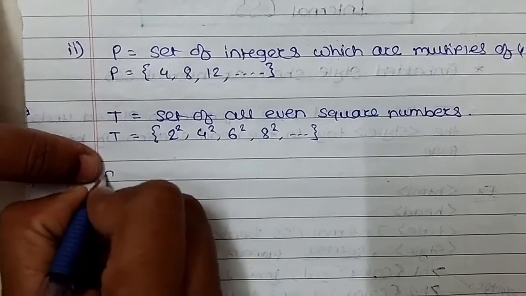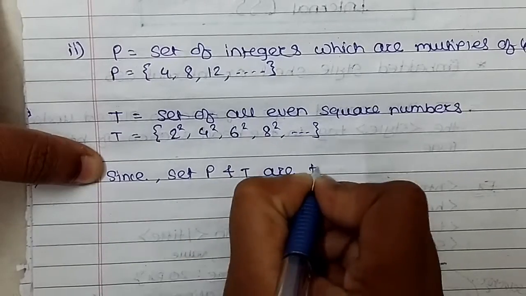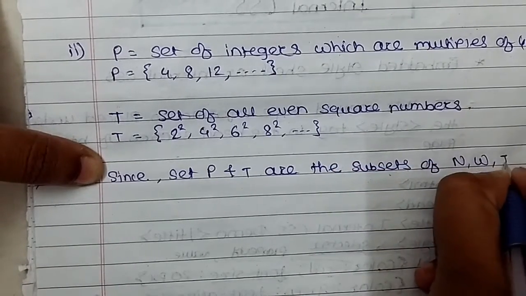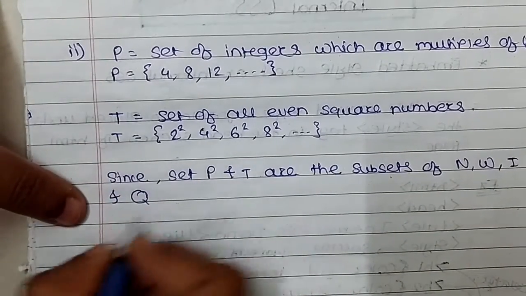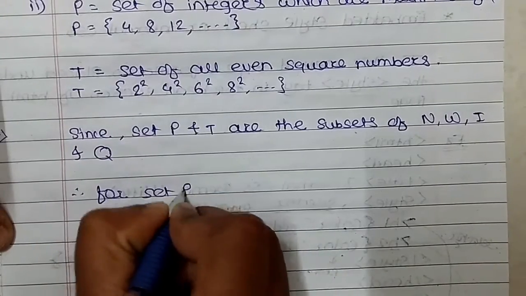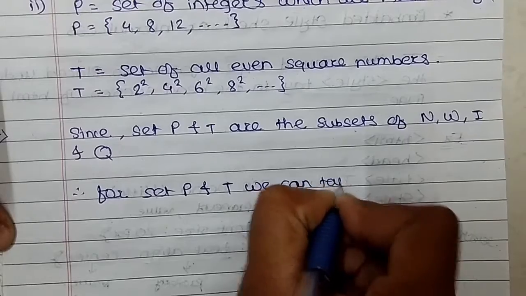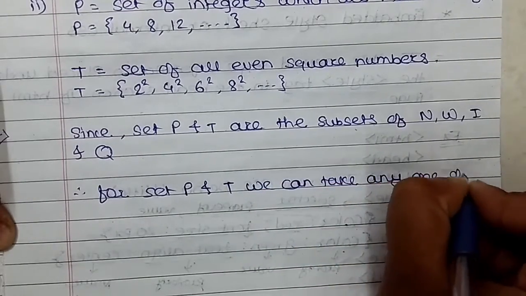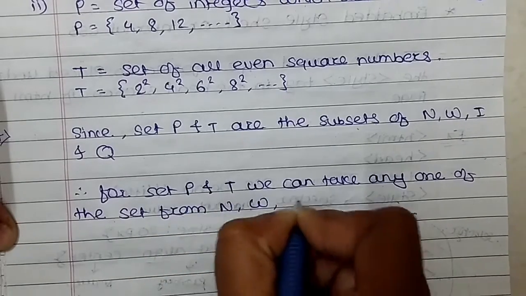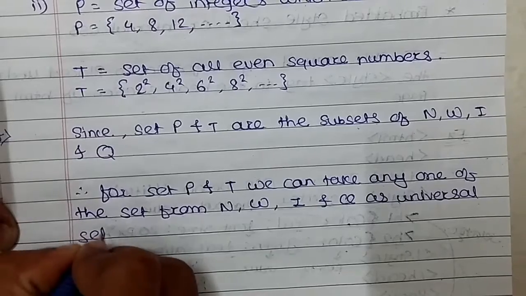So write down here: since sets P and T are subsets of N, natural numbers, whole numbers, integers and rationals, therefore for sets P and T we can take any one of the sets from N, W, I and Q as the universal set. Okay, understand this one? Clear?